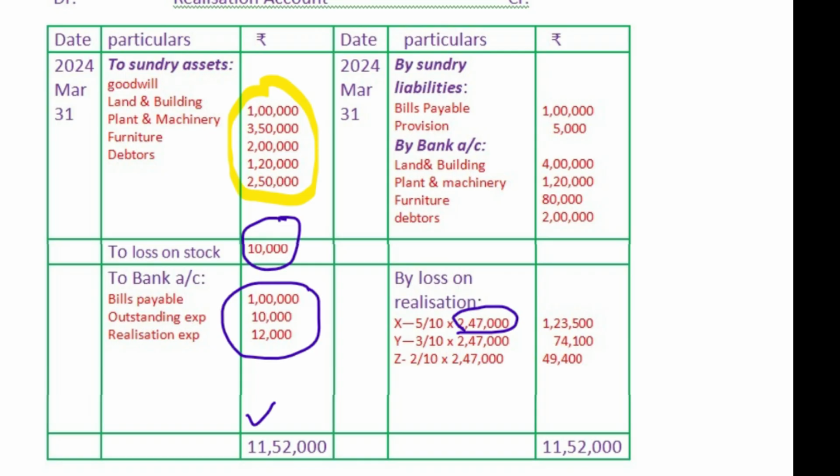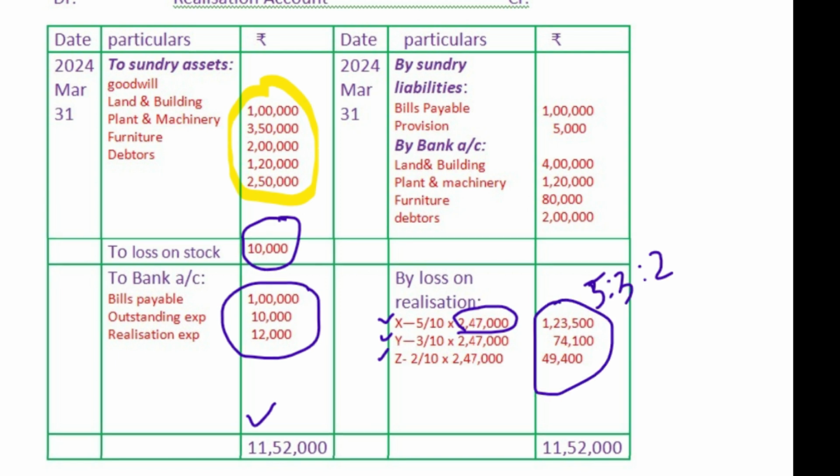This will be distributed among the partners in the ratio of 5:3:2, and it is given in the question. Then the share of each partner X, Y, Z: this amount, loss on realization, is transferred to partners' capital accounts. Okay, so this is your realization account prepared.